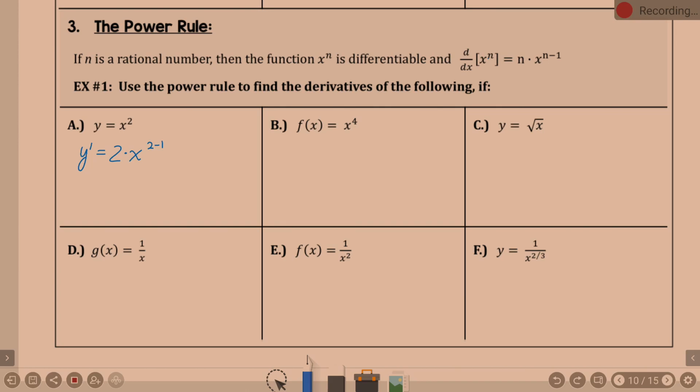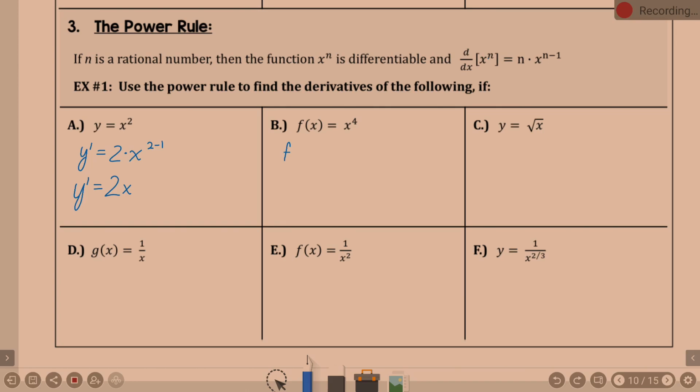You're always subtracting 1 from the power, so 2 minus 1. Obviously, I'm not going to leave my answer like that. What is the derivative of x squared? 2x. So you move the power out front, and you always then reduce the exponent by 1.